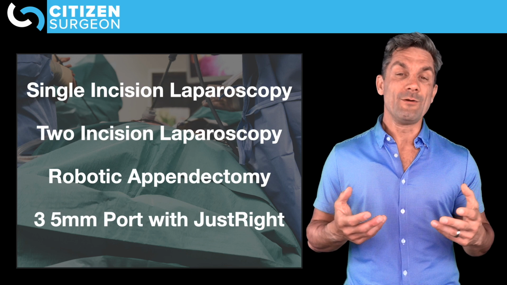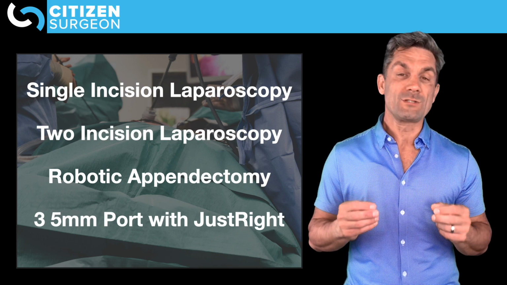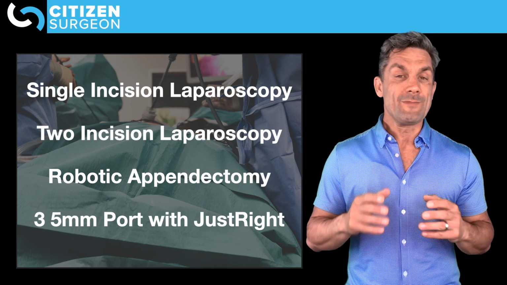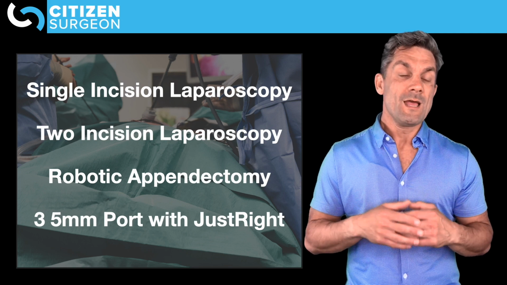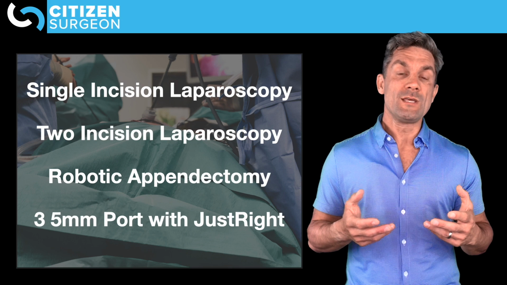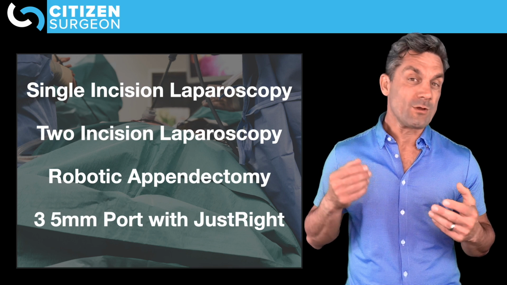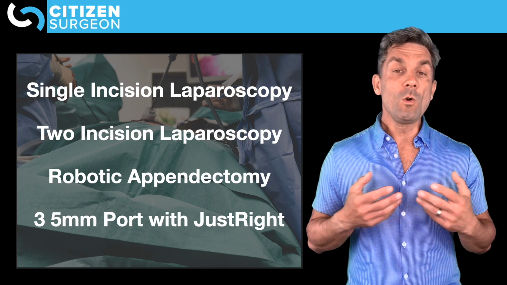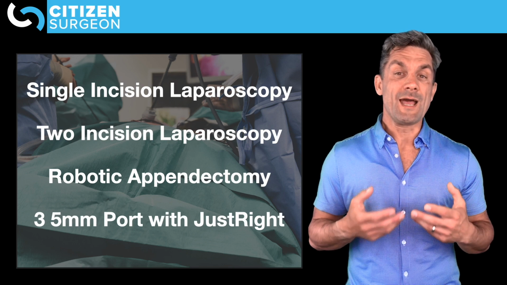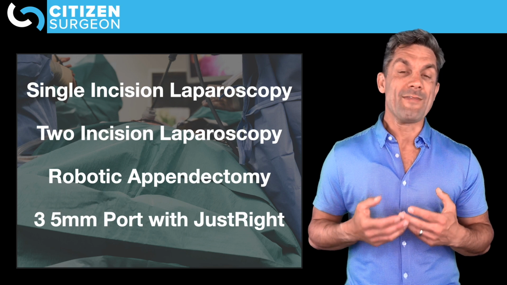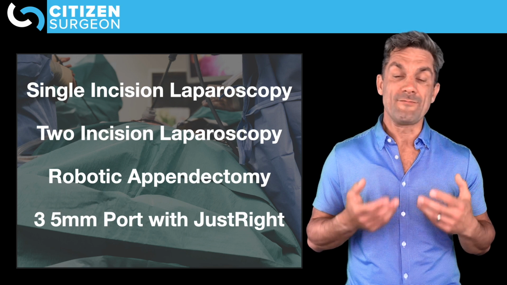For the electrocautery, I like to use just the hook electrocautery, and I take the appendiceal mesentery right off the appendix, and then I'll staple that at the base. Other ways to do that, you could use a 45mm stapler like an Ethicon, and that'll go through a 12mm port, or you can use vessel loops. So sometimes I will use Vicryl vessel loops, or you can use a PDS vessel loop, and that has been shown to be totally safe, very effective.